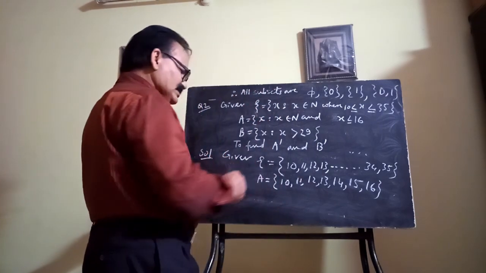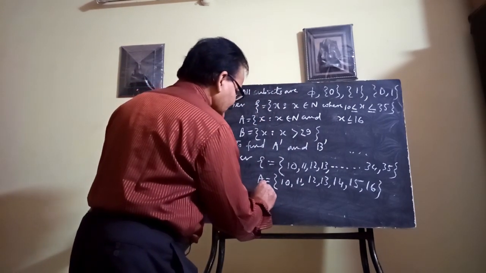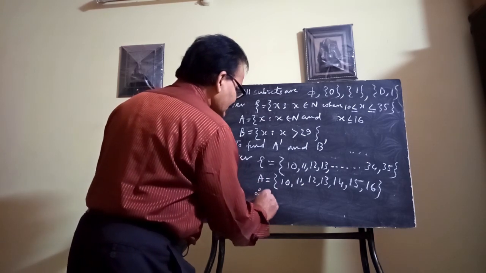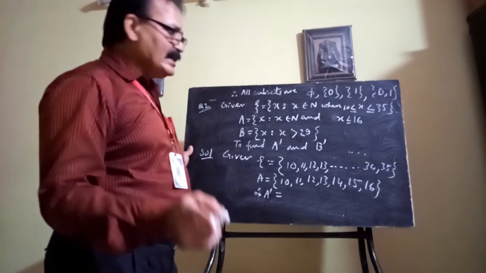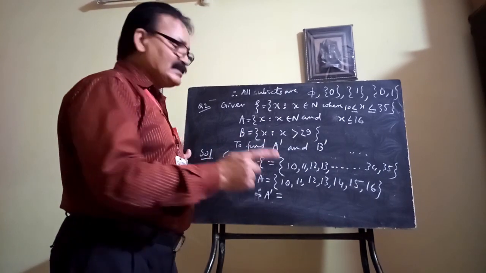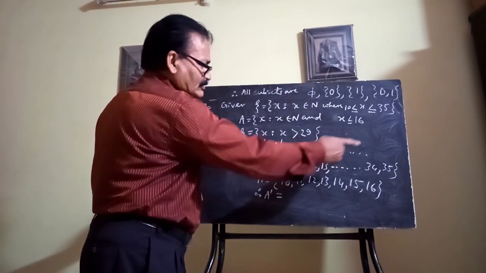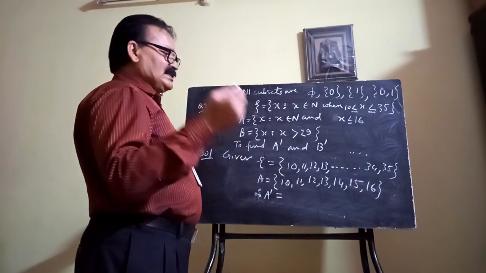So this much is your set A. Therefore A complement means the remaining elements of the universal set other than the given set. Your universal set is from 10 to 35, then A complement must be the remaining elements.